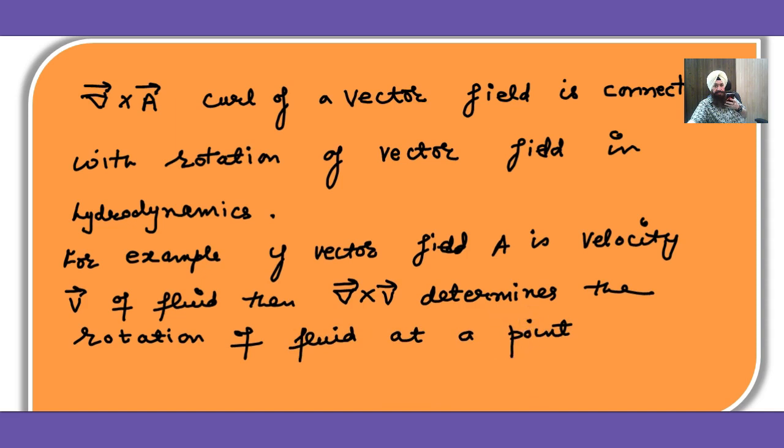So del vector cross V vector determines the rotation of the fluid, as explained. This is why it is called curl. It is explained on the next page.